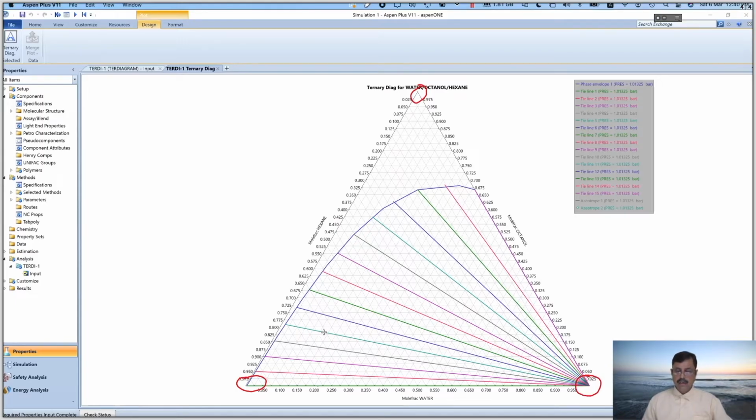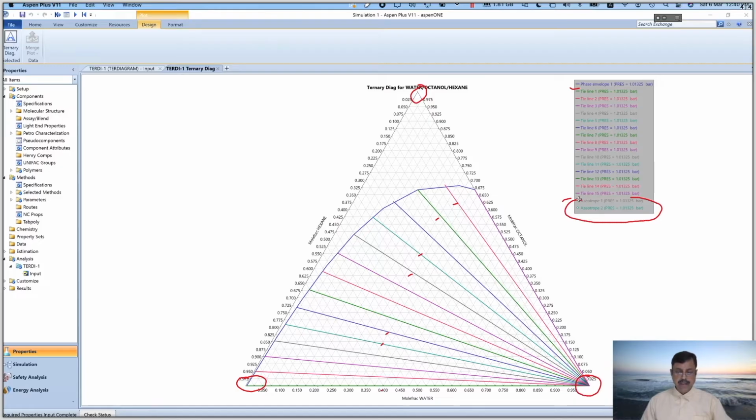And we have a couple of azeotropes over there. These are the tie lines we have: 1, 2, 3, 4, 5, 6, 7, 8, 9, 10, 11, 12, 13, 14, 15. 15 tie lines, and we have 2 azeotropes.